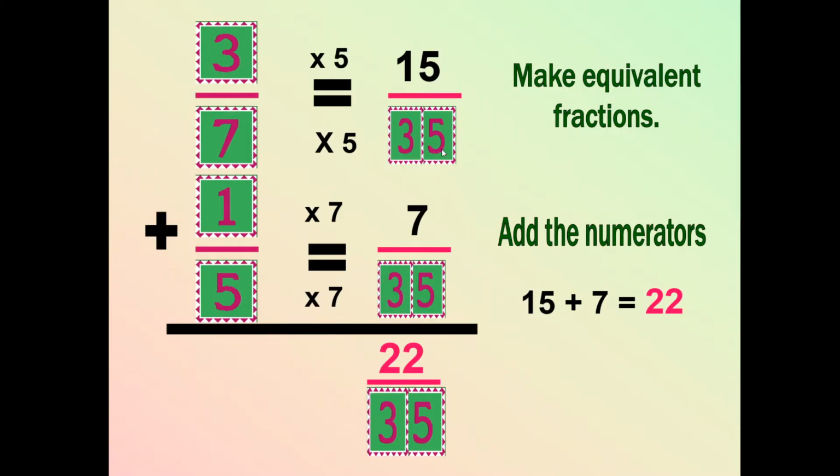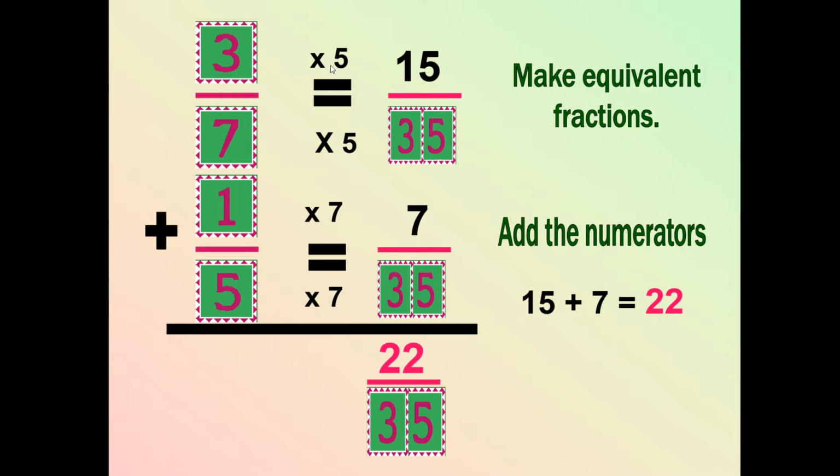Now we have 35 on both of them. Now we need to multiply by the same amount again. We need to make equivalent fractions, which means that in order to change 7 into 35, we need to multiply it by 5. Similarly, you need to multiply your numerator by the same amount, which is 5.